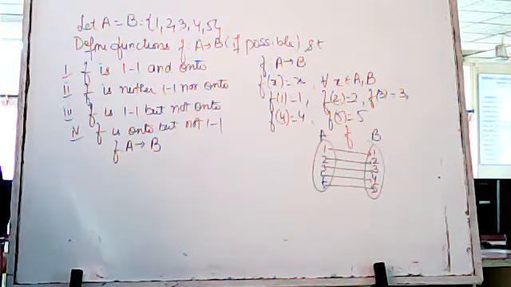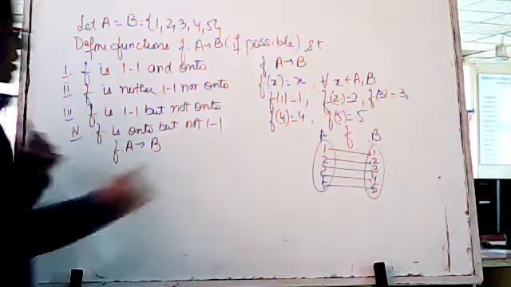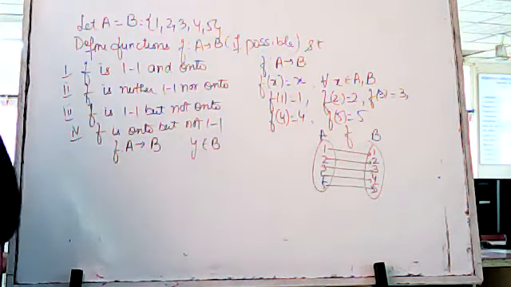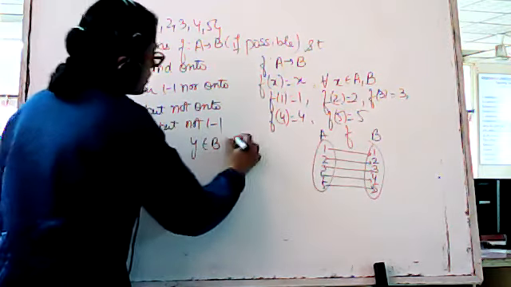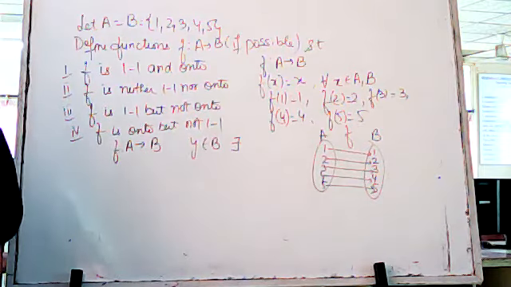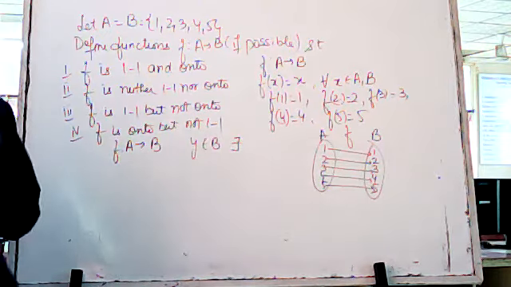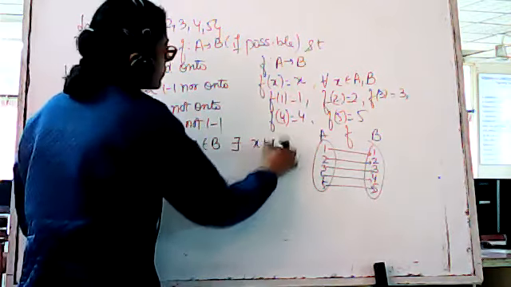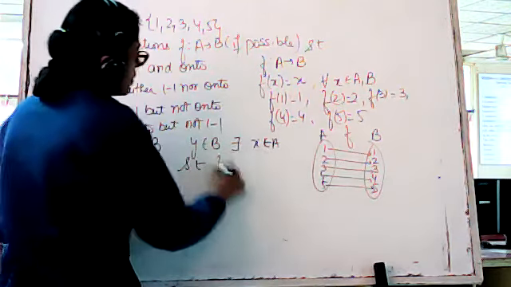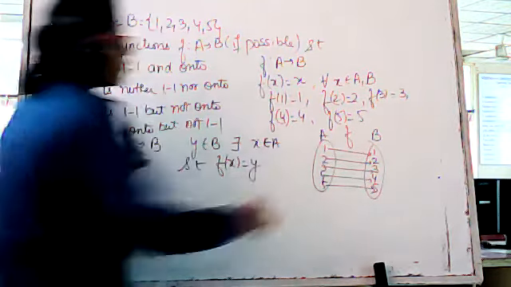Also we observe that for each y belongs to B, there exists x belongs to A such that y is equals to f of x.